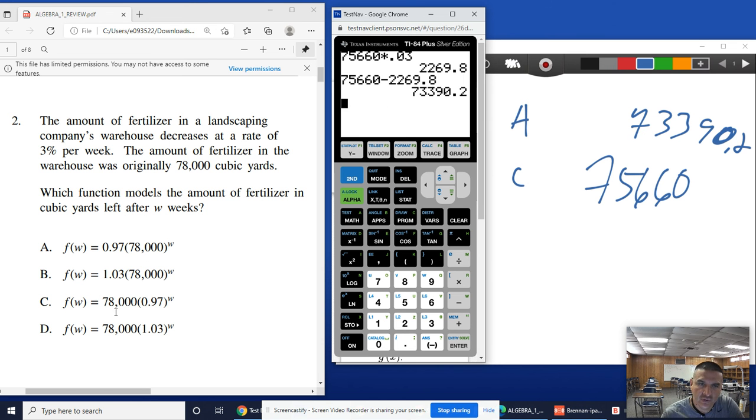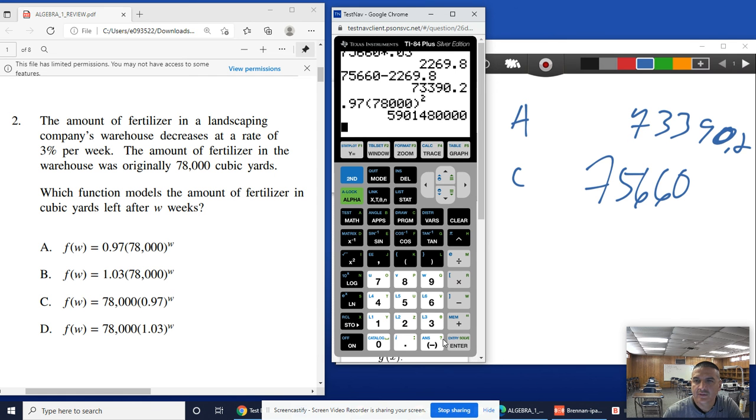So now I go back to the two equations that work. I don't have to check B and D because they didn't work, but this one. So 0.97, 78,000, to the second week. That gave me something ridiculous.